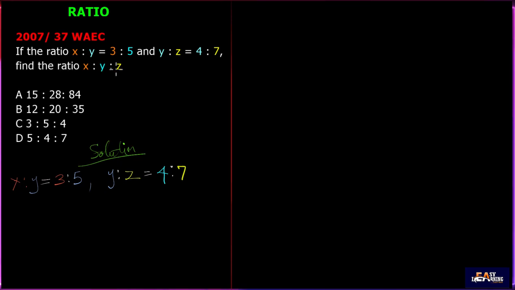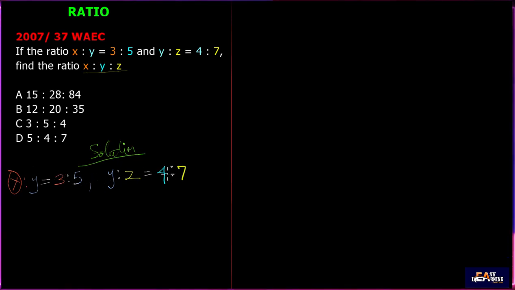Then we are asked now to find this. Now there is a common problem here, and we need to fix this common problem before we could arrange this ratio. In our introductory class, we talked about equivalent ratio, just as we have equivalent fraction. Now for x, how many times do we have x in this equation?